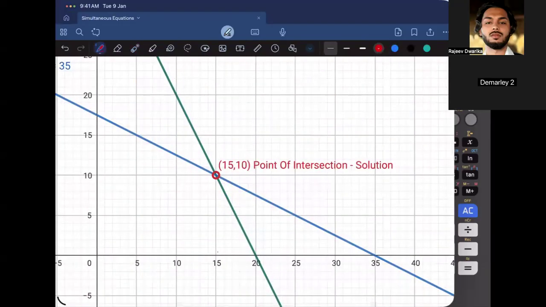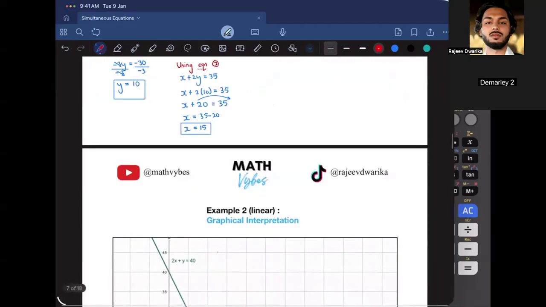And so when you're writing points, right, what goes first, the x or the y value? The x. So the graphical solution, if I were to plot these two graphs, they would intersect at 15, 10. So x would be equal to? The 15. And y would be equal to? 10. What? That's crazy.